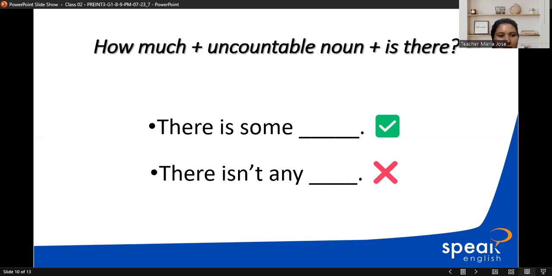And these are the uncountable. Okay, you have the pictures in the chat, so we can continue.